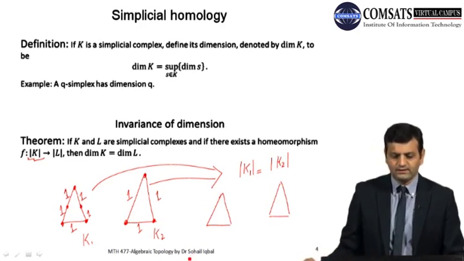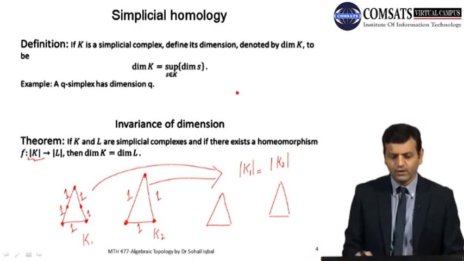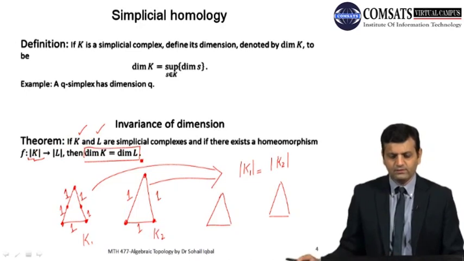That's what is meant by the underlying space. So if we have a homeomorphism from the underlying space of the simplicial complex K to the underlying space of the simplicial complex L, then the dimension of L and the dimension of K must be equal.